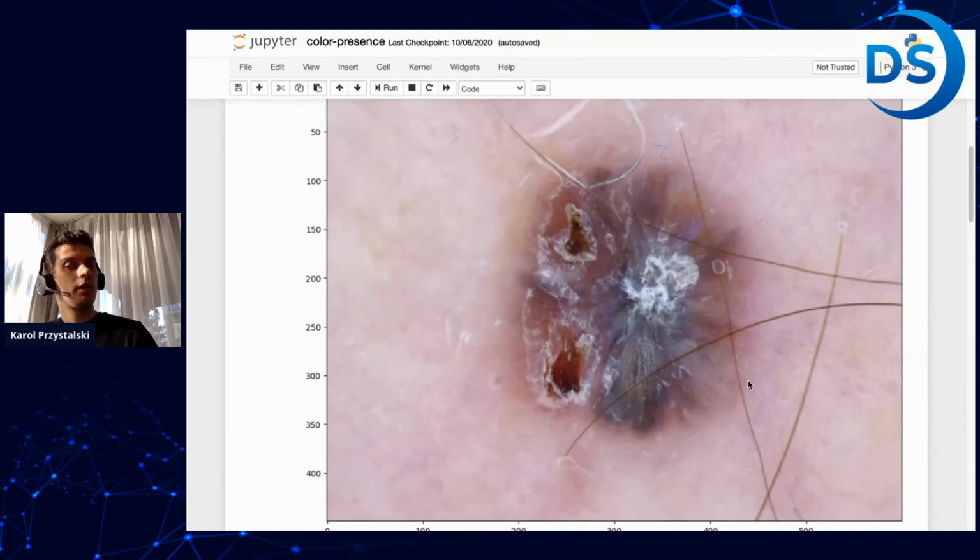So obviously you have the skin color, right? You have, let's say, the dark, I mean the brown color, you have the black color, you have the light brown color, you have the red color for vessels, blood vessels, for example. And what is very interesting in case of skin cancer, one of the most important colors is actually the blue color, or blue gray kind of, like you can see here, right?